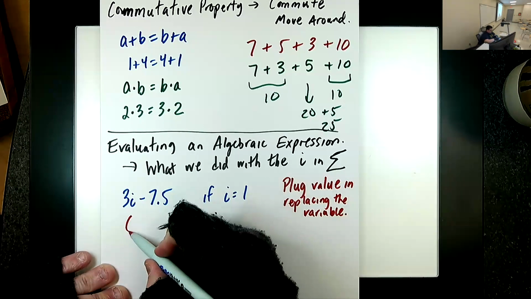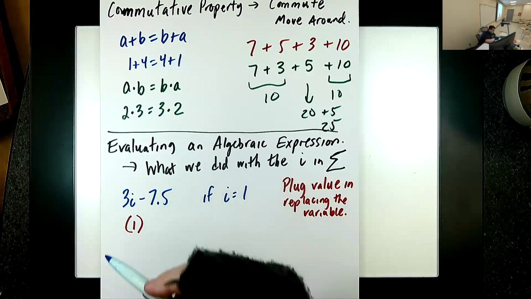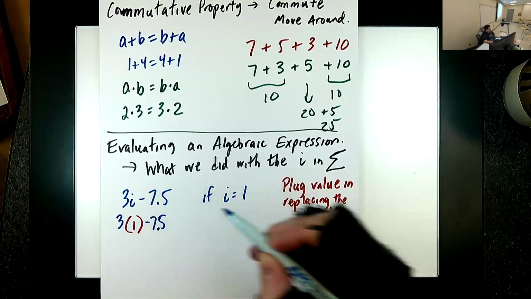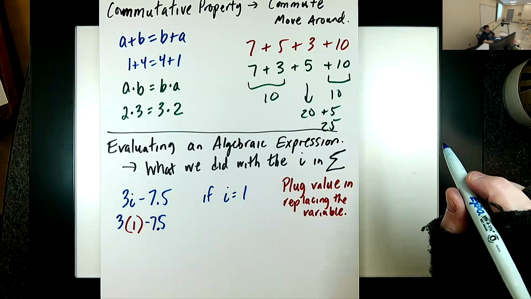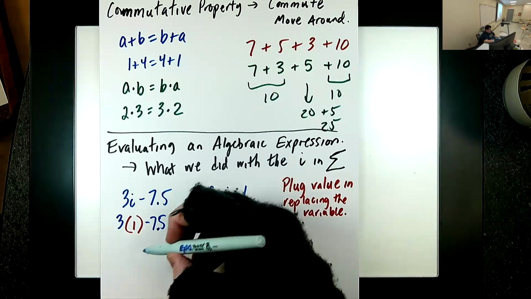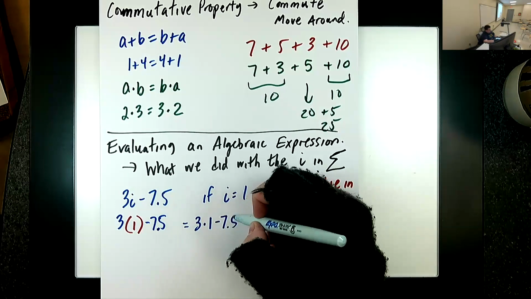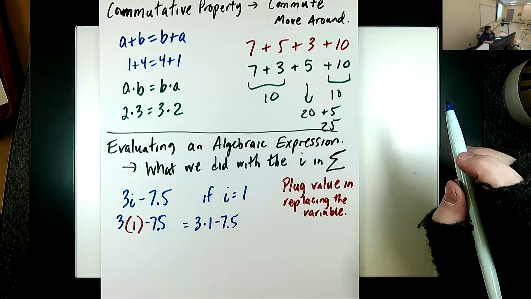I recommend when you plug it in, you use parentheses. Earlier I did 3.1 minus 7.5. I shouldn't have. I really should have shown the parentheses.